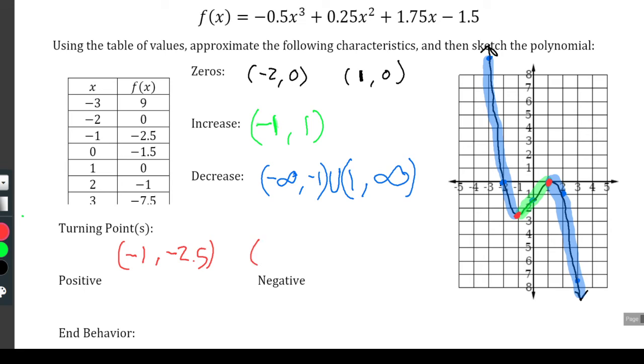And then our other turning point. So the 0, -1.5 is still along this increasing line. So our turning point is where it changes from increasing to decreasing or decreasing to increasing. So our other turning point is this 1, 0.